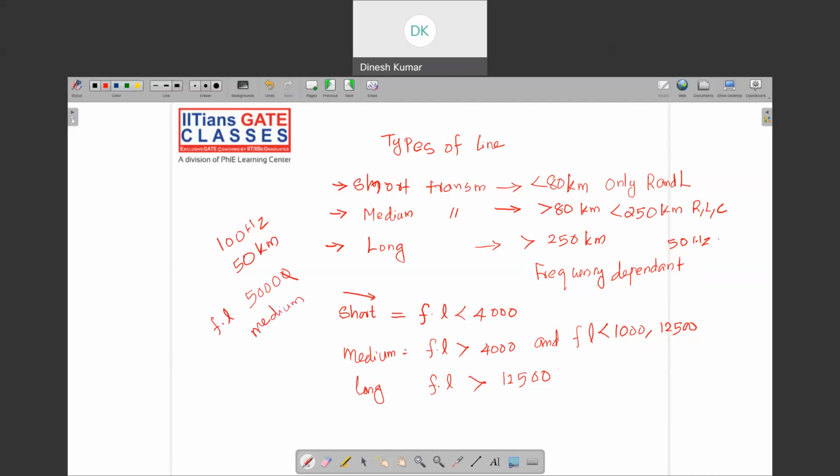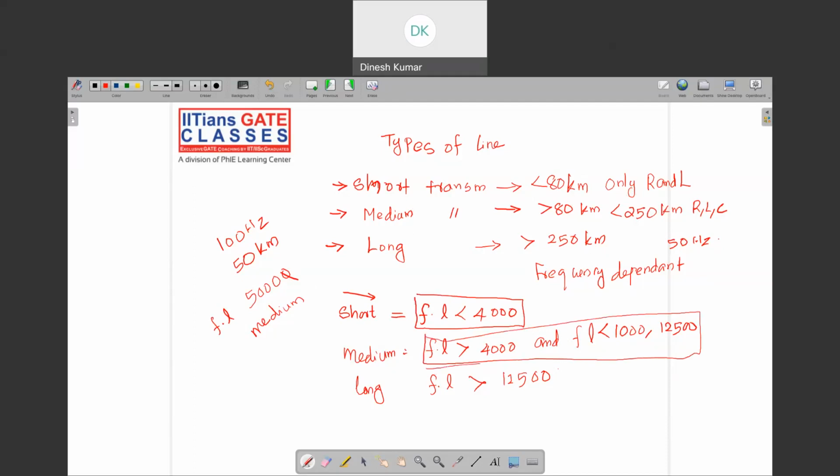Normally, for less than 80 kilometers people will write short transmission line, but that is only for 50 hertz. So you should be careful here. It is a frequency dependent system, so we have to consider f into l. If f into l is less than 4,000, then it is a short transmission line. If f into l is greater than 4,000 and less than 10,000 or 12,500, we consider it a medium transmission line.